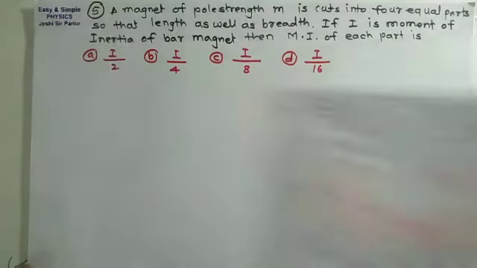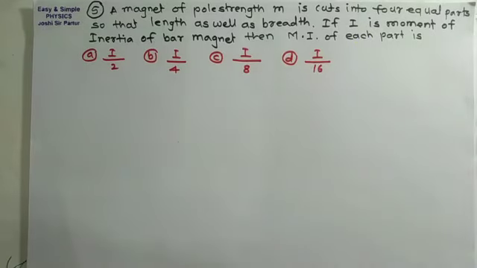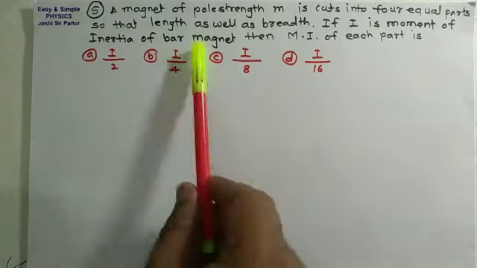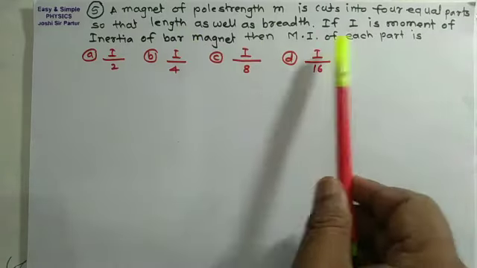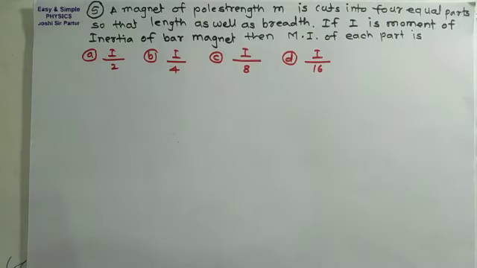Again, if we can see an example: a magnet of pole strength M is cut into 4 equal parts, so that length as well as breadth. If I is the moment of inertia of a bar magnet, then what is the moment of inertia of each part?